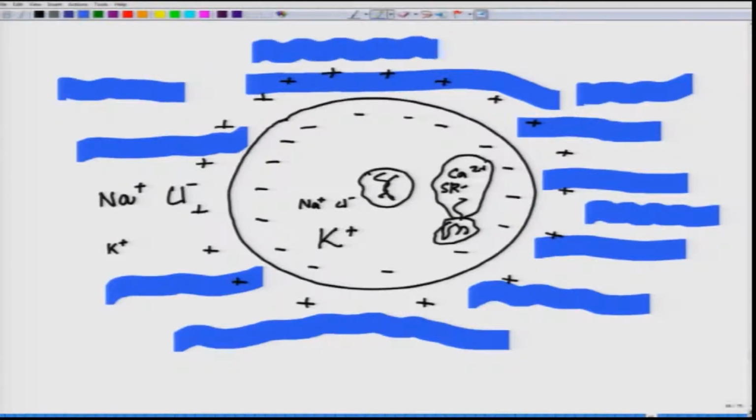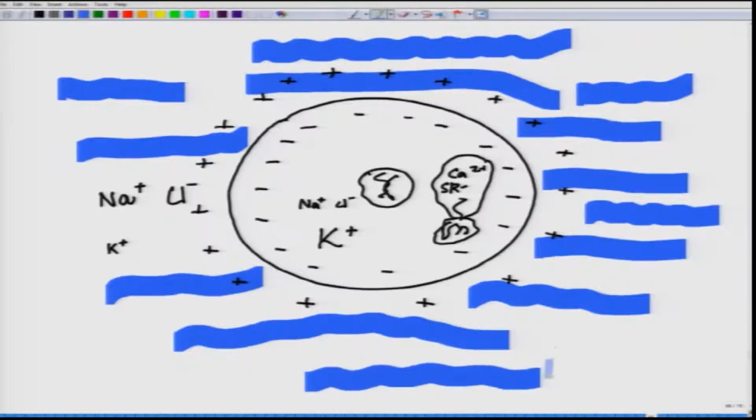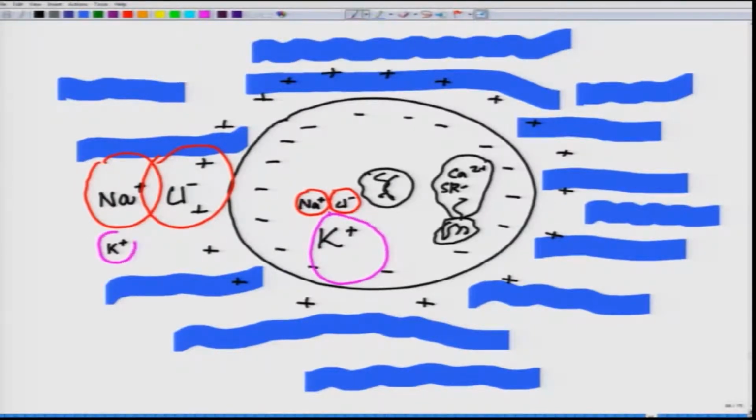In other words, the concentration of sodium is fairly high, along with chloride ion concentration, as compared to the sodium and chloride inside. Vice versa, inside the potassium ion concentration is very high as compared to the potassium concentration outside.